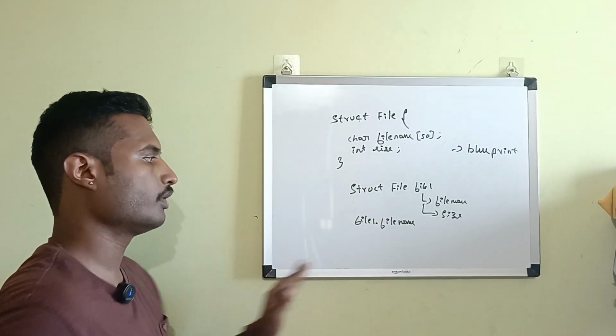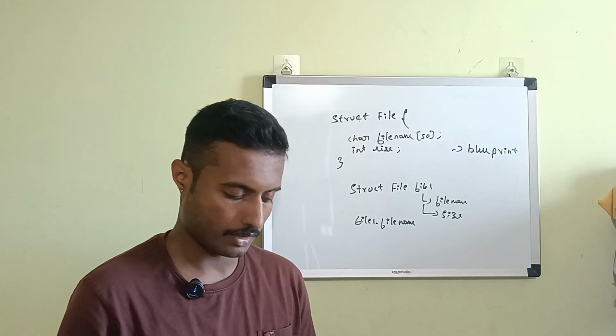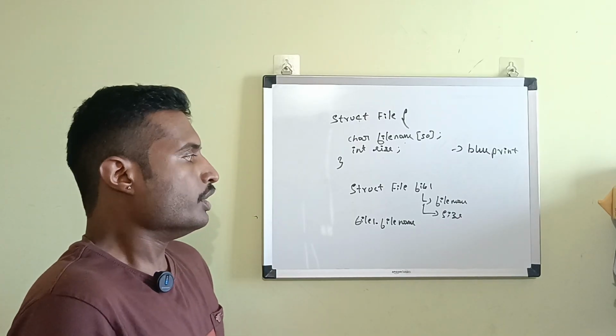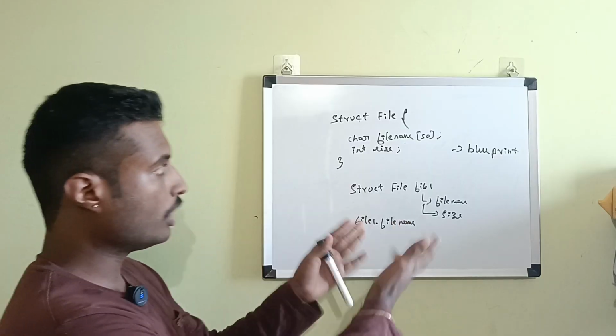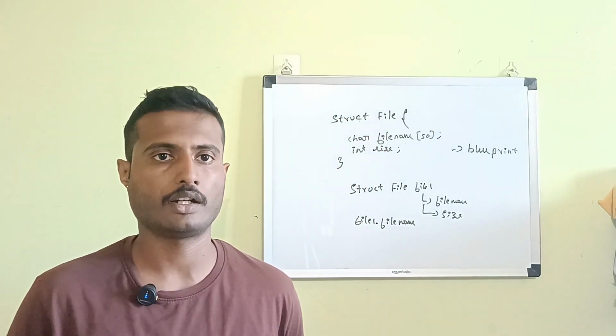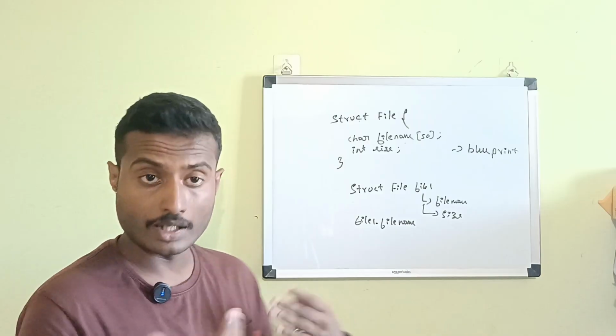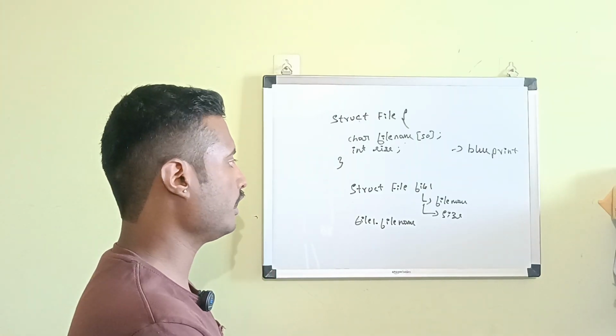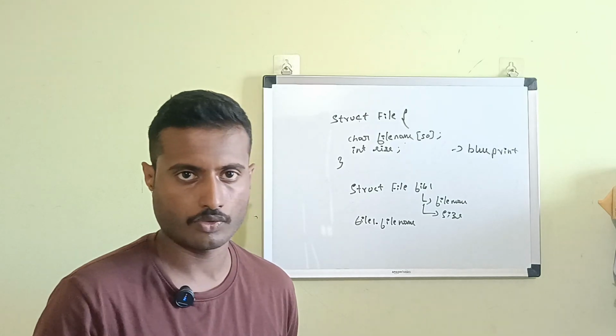For size also, write file1 dot size. Done. Easy, right? Very easy. So we got to learn how to put related things together to tell the computer, hey, this is what we are going to store, and this is a representation of a file.